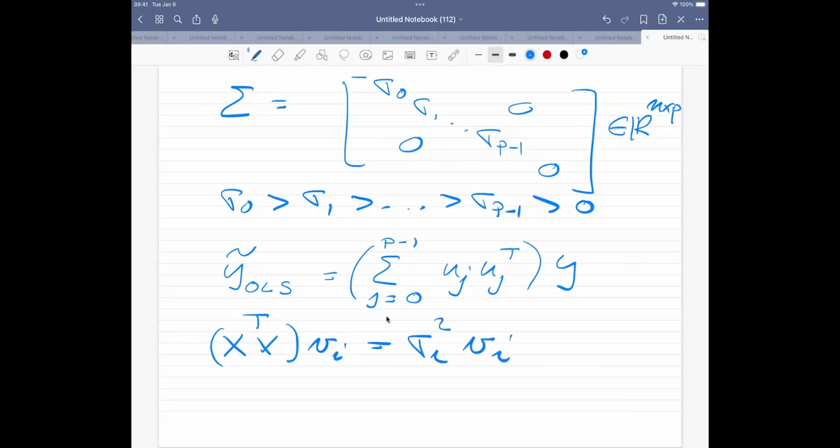So the eigenvalues and the eigenvectors of this design matrix we want to invert are actually given in terms of the singular values multiplied with a given vector V_i. So this is very important because one of the properties which we have here is that the sigma_i's are larger than 0 by definition.